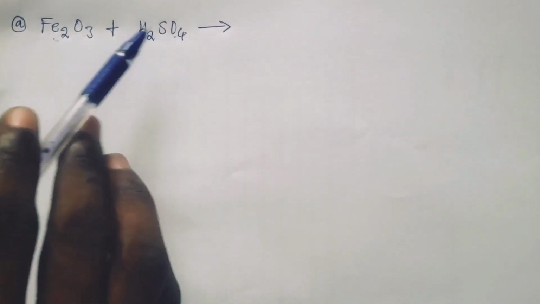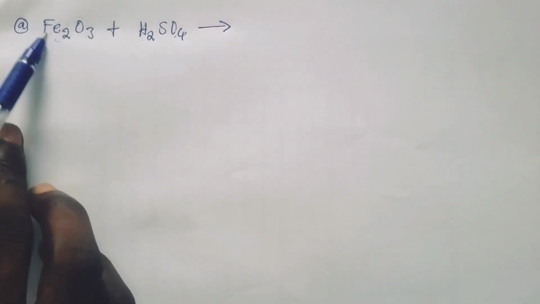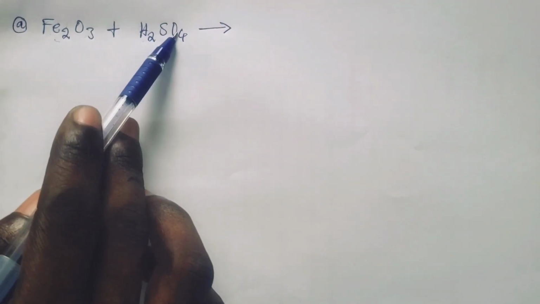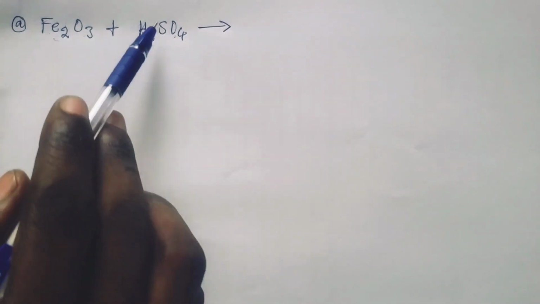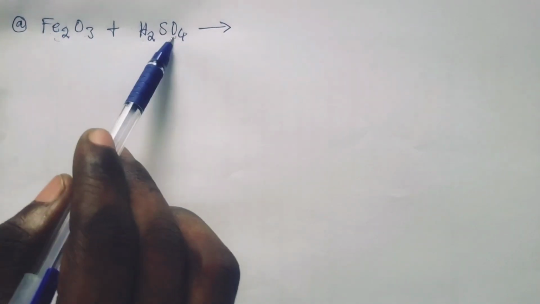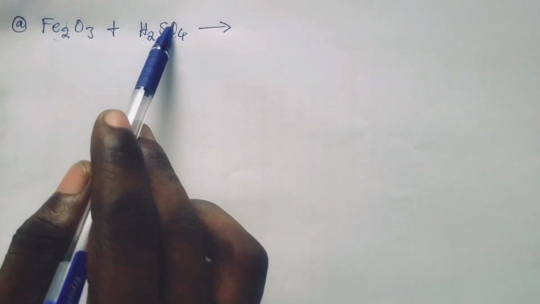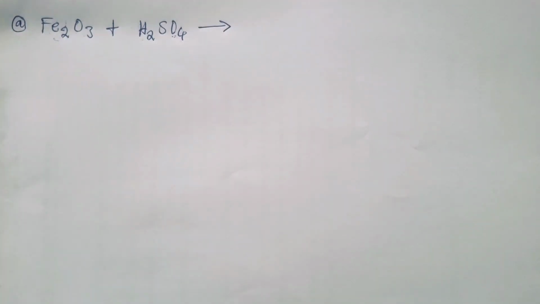We are going to have iron 3 sulfate. That's what will come from the metal and the acid. The metal is iron, the acid is sulfuric acid, and if it's sulfuric acid, the salt will always be sulfate. So we are going to have iron 3 sulfate. Then hydrogen and oxygen will also react to form water as the other product.